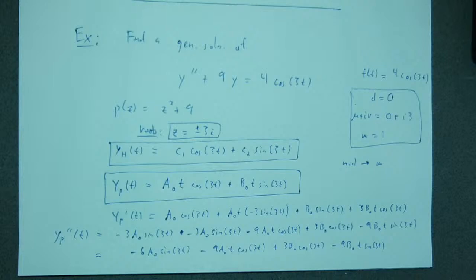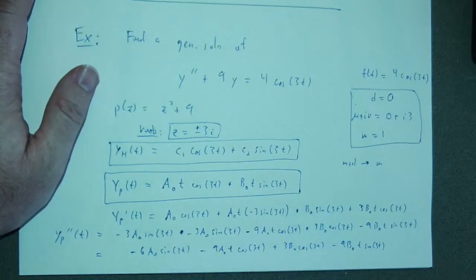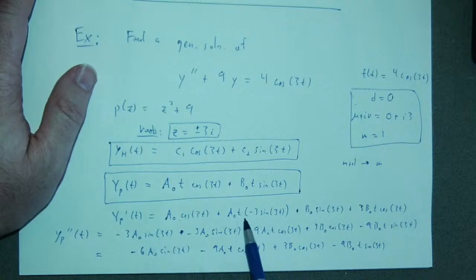Okay. Let's see. I missed a term here. So, okay, derivative of this is this. Derivative of this is these two terms. Derivative of this is 3b naught cosine 3t.